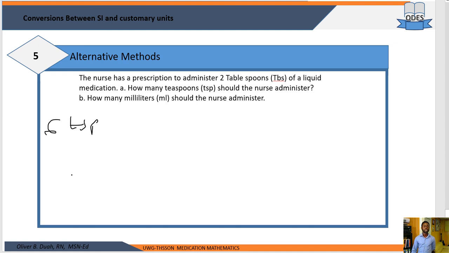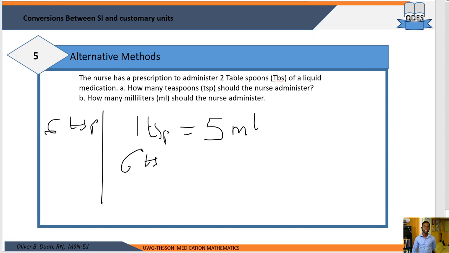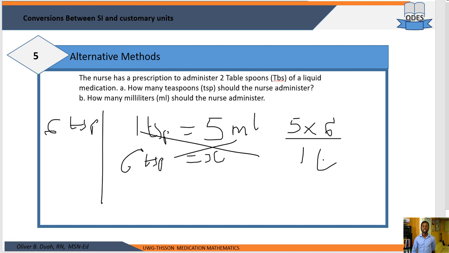You can also decide to use ratio and proportion for this, and that means that you have to set up 2 equations. Okay, so now we know that we have 6 teaspoons. For every 1 teaspoon we have 5 ml. So for 6 TSP we don't know, and we will just do the cross multiplication, which will be 5 times 6 and then divided by 1 TSP.